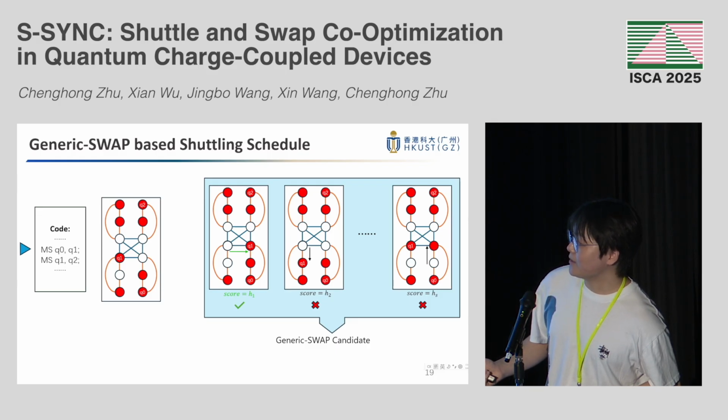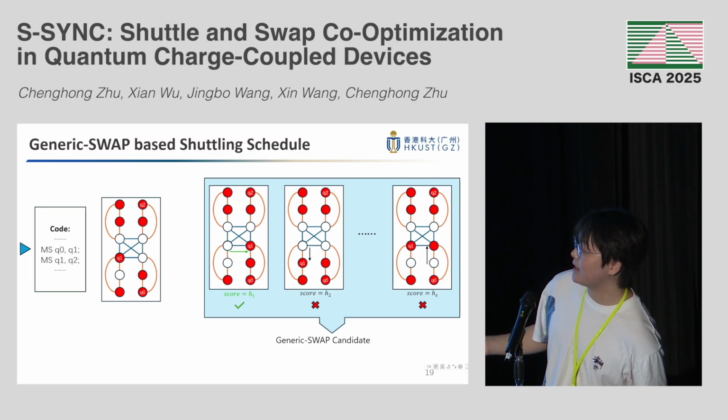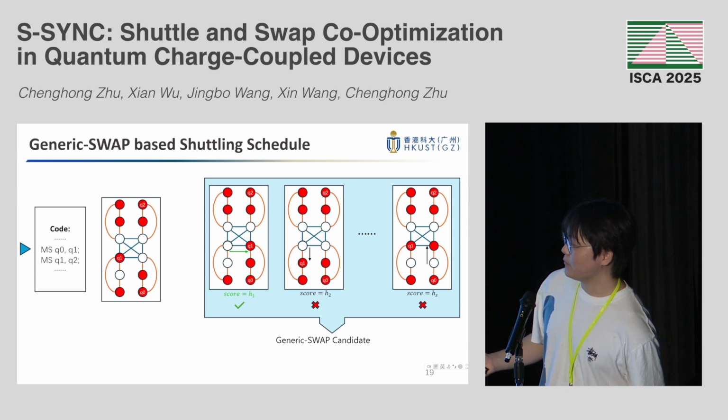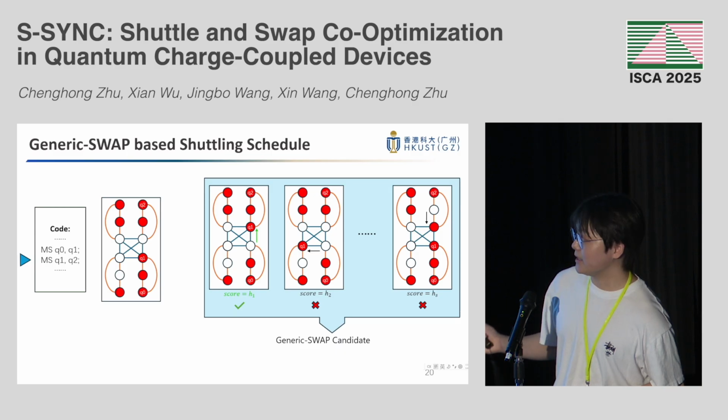This is also quite simple. For example, if we want to apply Q0, Q1 in this graph, we choose the shortest path to the other one, look at the operations, and select the one with the higher score. We can continue to do this until the end.